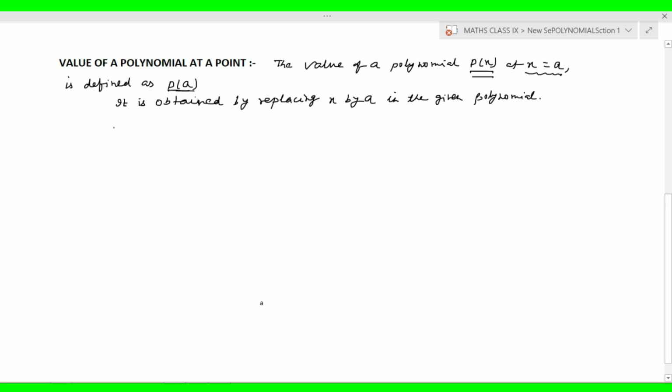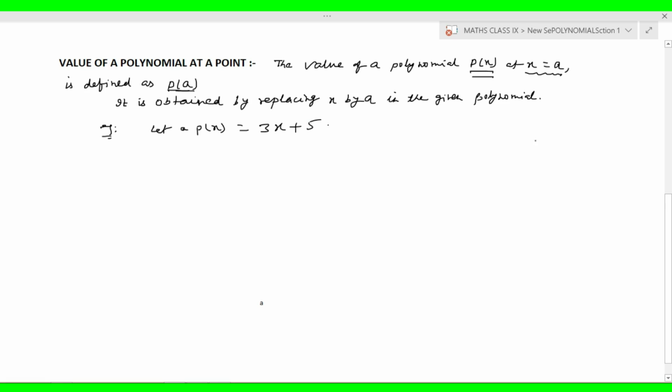What does it mean? If any polynomial is given, an example will make it very clear. Let the polynomial p(x) be equal to 3x plus 5. Now the question is, what is the value of this polynomial at any point?